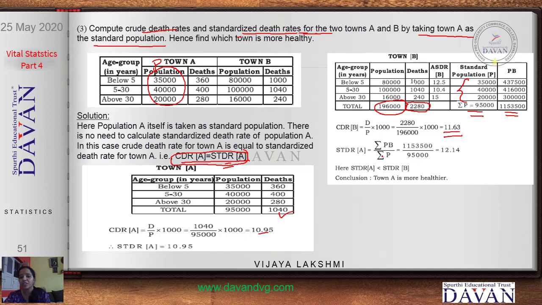And for the STDR of B, it is summation PB divided by summation P, which is 11,53,500 divided by 95,000, and that gives me 12.14. Now compare this value and this value. STDR of A is less than STDR of B, and we say that town A is healthier.